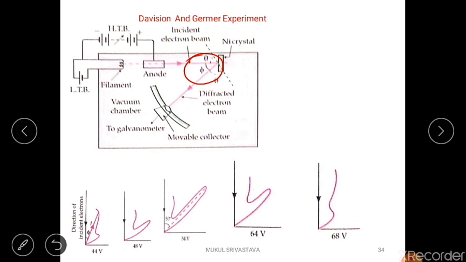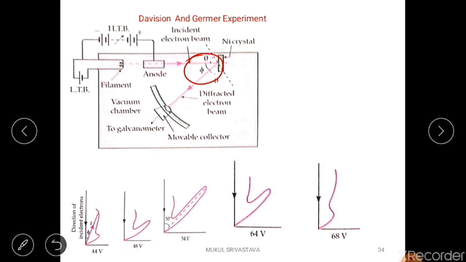In that case the scattering angle is about 50 degree, and at 54 volt there is a maximum intensity in a particular direction, due to the constructive interference of the electrons scattered from the different layers of the regularly spaced atoms of the crystal.